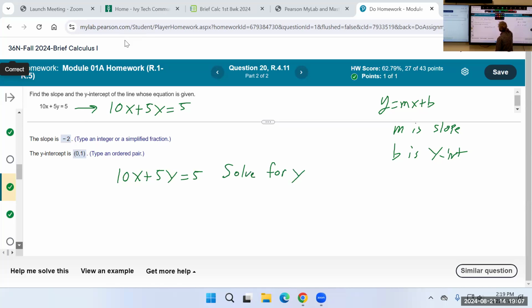If I was to do that, I could subtract 10x on both sides. And I get 5y equals -10x plus 5. And from there, I can divide both sides by 5.